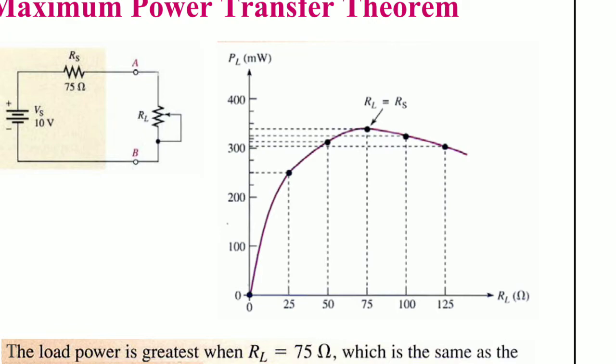After that, at 100 ohms load resistance, the power is decreasing from the maximum, to somewhat less than the maximum value. So at 100 ohms, and as we go on increasing the load resistance, the power keeps decreasing after the maximum value.